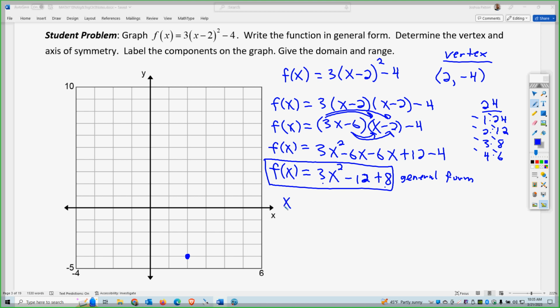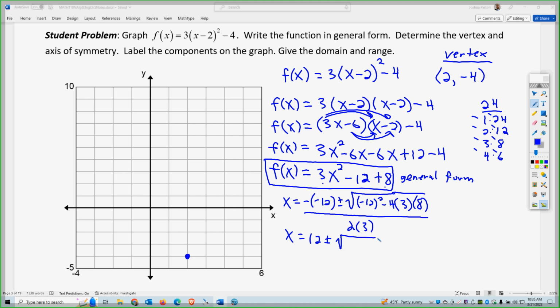So x equals negative b plus or minus the square root of b squared minus 4ac, all over 2a, right? So x equals 12 plus or minus the square root of 144.